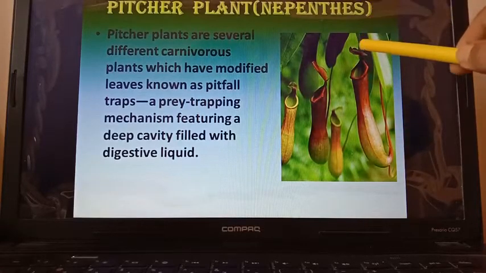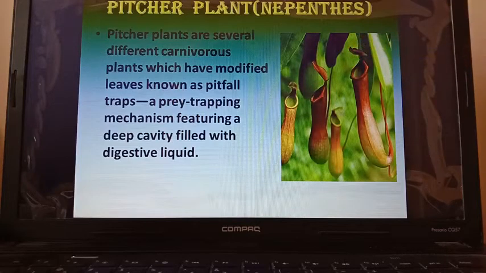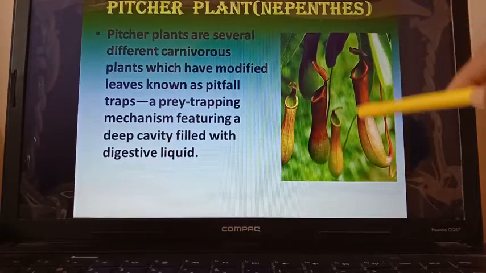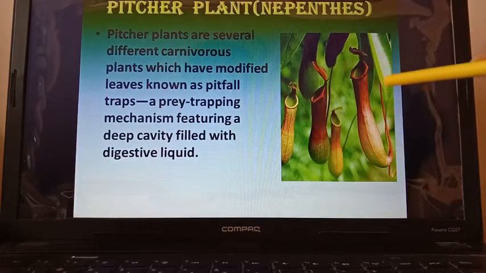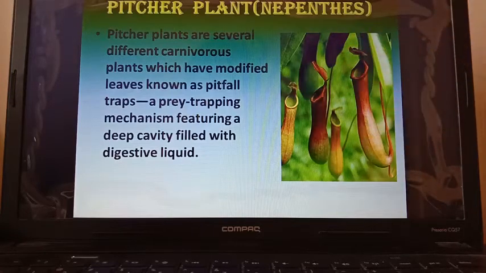Now this lid-like structure, you can see this lid-like structure. This is made up of the leaf apex or leaf tip, and this full structure is supported by that part. This is the modified petiole, by which this full pitcher part is getting support.